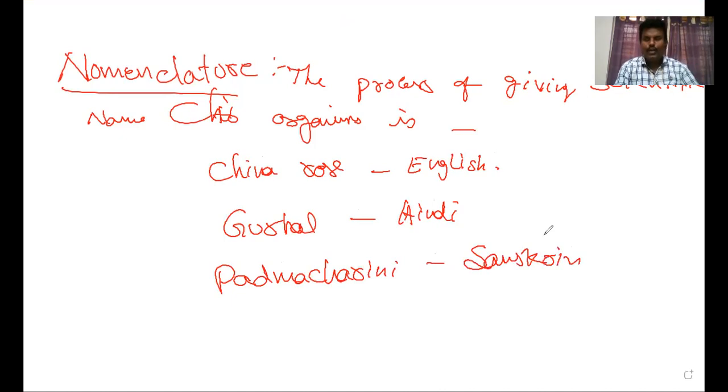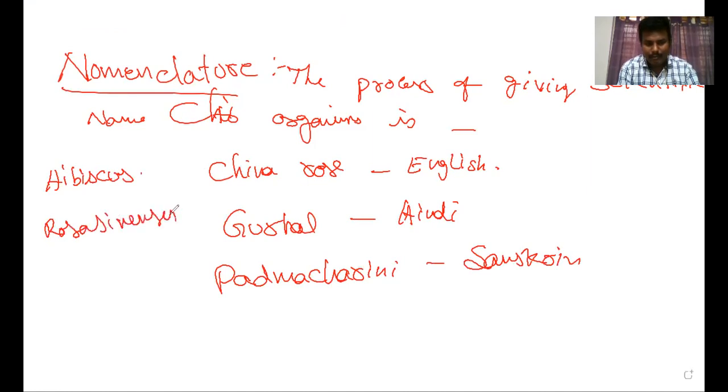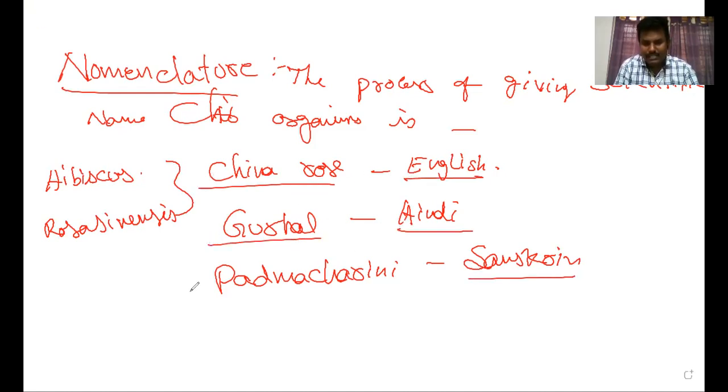Like this, one organism has different names. China rose, hibiscus, Rosa sinensis. So its name in English is China rose, in Hindi Gurhal, in Sanskrit Padmacharini.